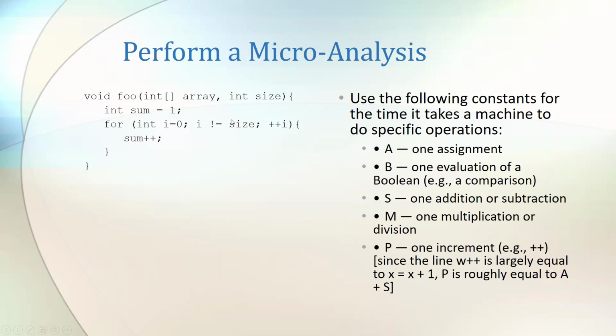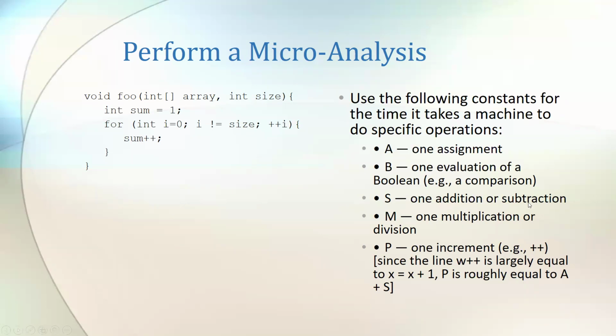let's classify how much time it takes to do specific statements in C. So we'll write down the letter A, milliseconds, if you have an assignment. Like this sum equals 1, that's an assignment operation. Put in a B if you have an evaluation of a Boolean condition, like this comparison here, i is not equal to size.